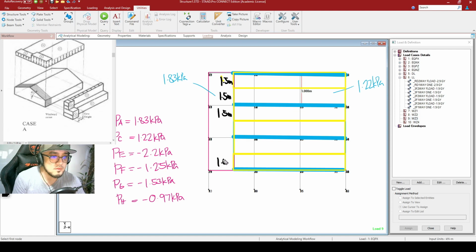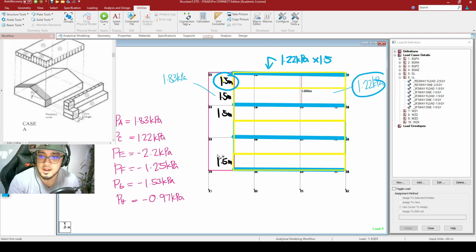Up until 1.5 meters. For us to convert this pressure right here into a line load, we will be multiplying this pressure by the tributary width of each of the beams. To get the line load at this beam right here, that is 1.22 kilopascals times the tributary width, and the tributary width here is 1.5 meters. So times 1.5.